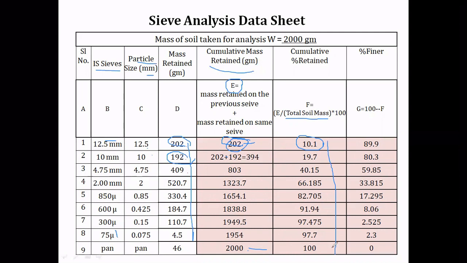Likewise, we have calculated all the cumulative percentage retained. Then percentage finer, that is column G, is represented by the formula 100 minus the value from column F. So for 12.5 mm, percentage finer will be equal to 100 minus 10.1, which is nothing but 89.9. Likewise, we have determined all the percentage finer.